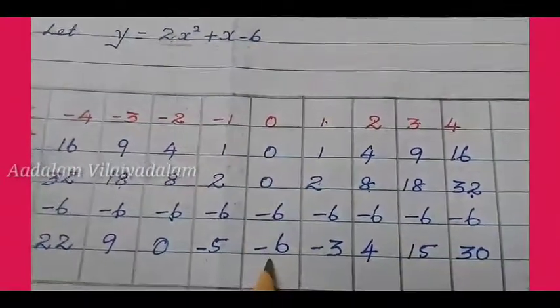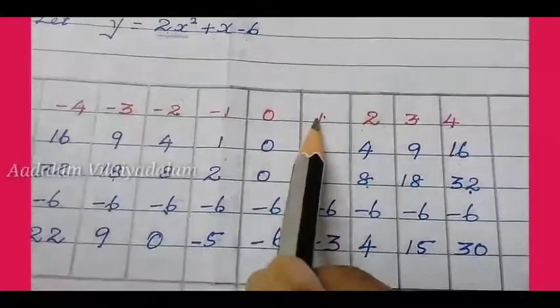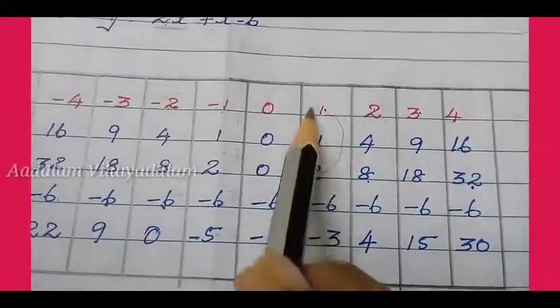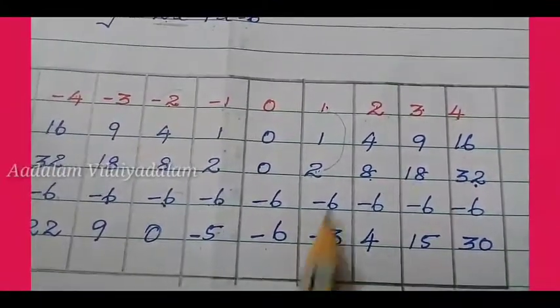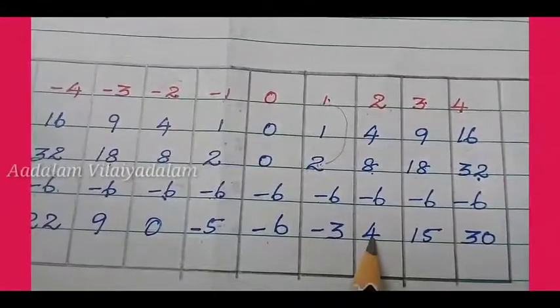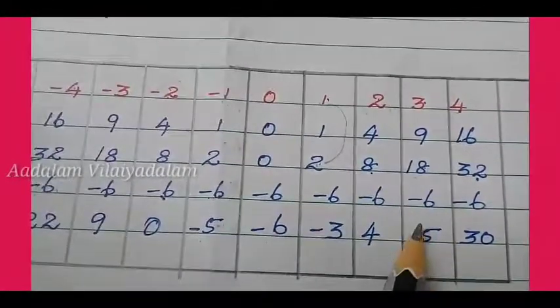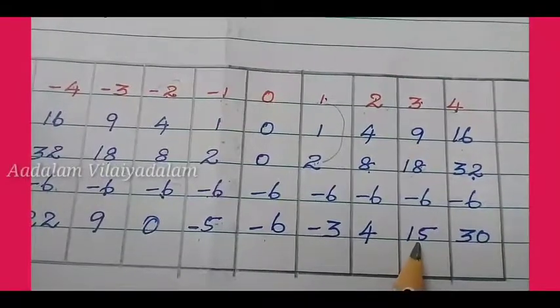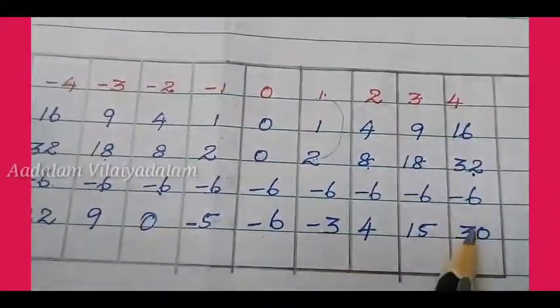0 minus 6, minus 6. Here plus 2, this is plus 1, add the positive values. So 2 plus 1, 3. 3 minus 6, minus 3. So 8 plus 2, 10. 10 minus 6, 4. Here also 18 plus 3, 21. So 21 minus 6, 15. Here 32 plus 4, 36.